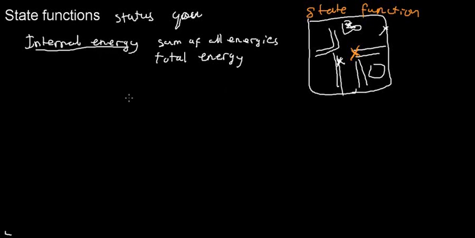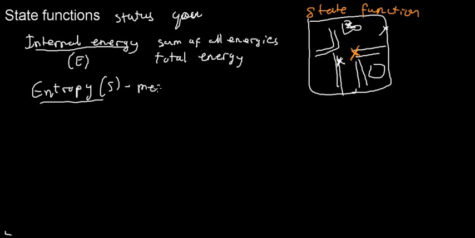Very good. The next state function we're going to discuss is entropy. By the way, internal energy is denoted by E and entropy is denoted by S. Entropy is just the measure of disorder in the system. The less disorder I have, the smaller my S, the more ordered my system is.